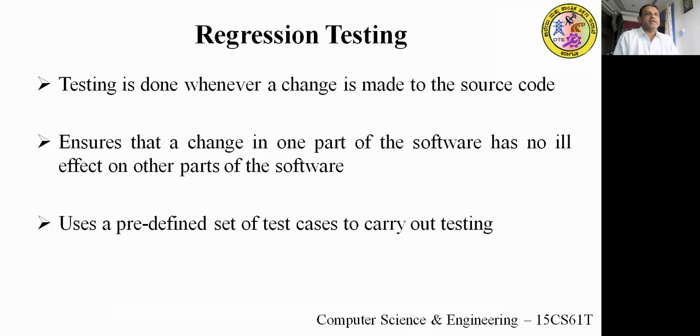So here, testing is done whenever a change is made to the source code. It should ensure that a change in one part of the software has no ill effect on the other parts of the software. It uses a predefined set of test cases to carry out testing. Go through it once again, somebody.